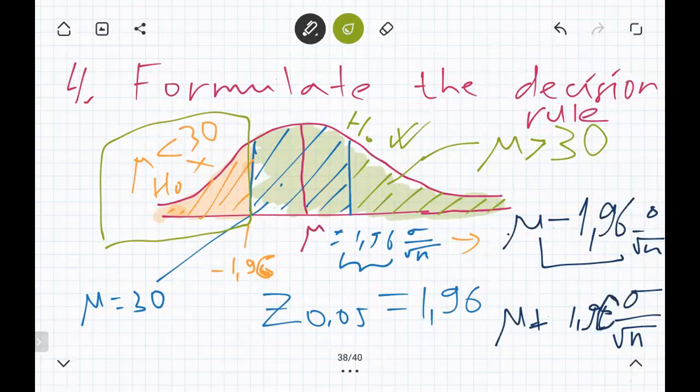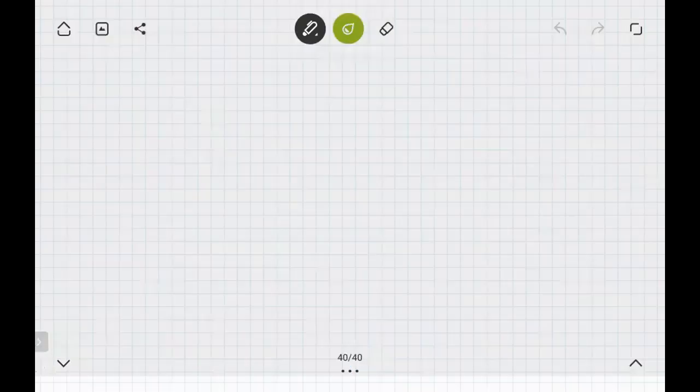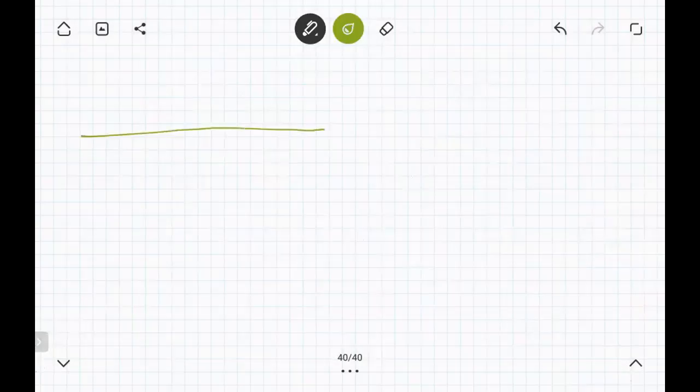And in fact, when you are doing a one-tail test, your Z value should be slightly different. So we used 1.96 because we know from the confidence interval thing that Z for 95% confidence is 1.96.